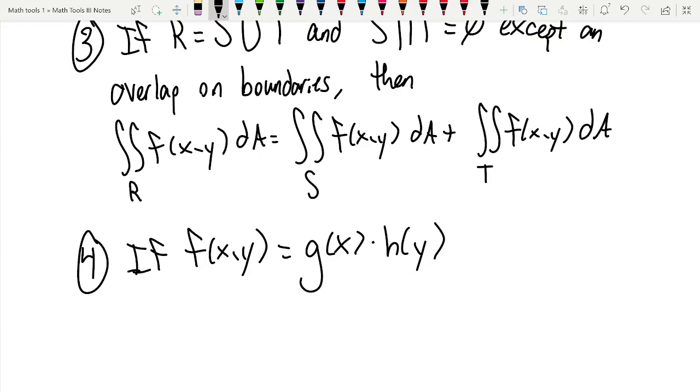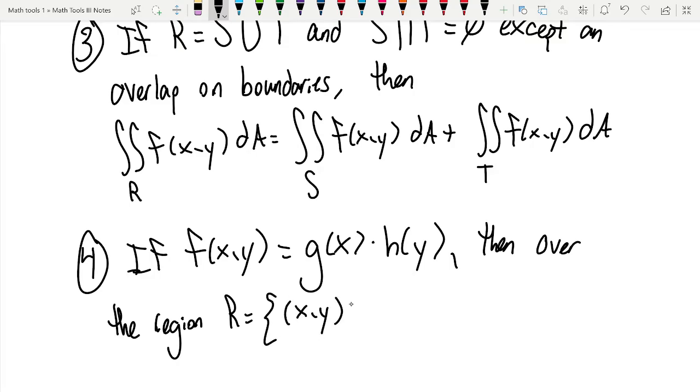If f(x,y) can be broken up into the product of two functions, then over the region R equal to (x,y) such that a is less than or equal to x is less than or equal to b, c is less than or equal to y is less than or equal to d. So this is a rectangular region specifically here.